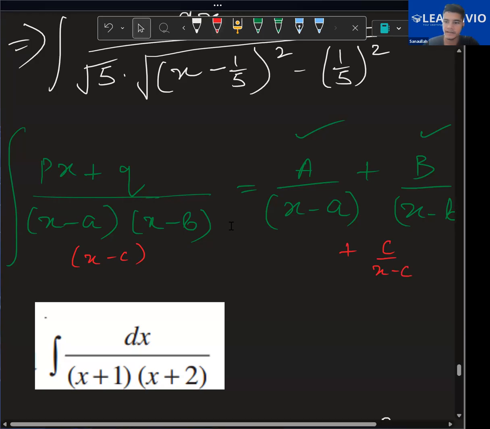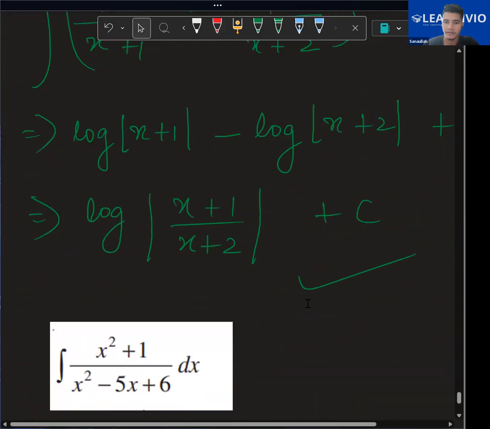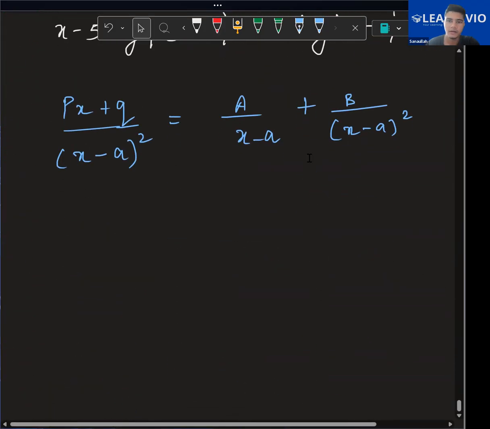So this is the same for power 1. But for this, if you have a square, then you have to go like this.